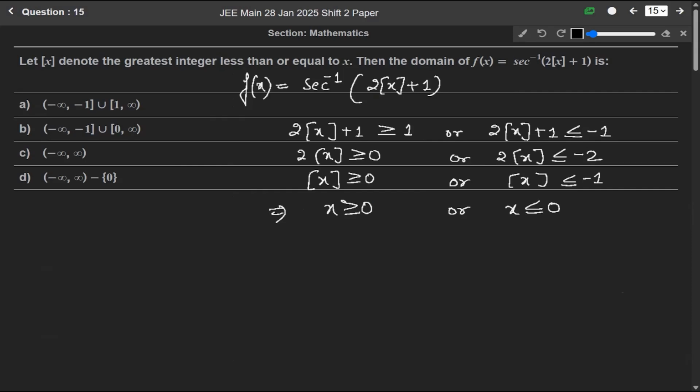Okay, so if we talk about the domain of this f(x), it will be greater than or equal to 0, less than or equal to 0. So domain will be from minus infinity to plus infinity, open bracket. Okay, so our answer is option C.